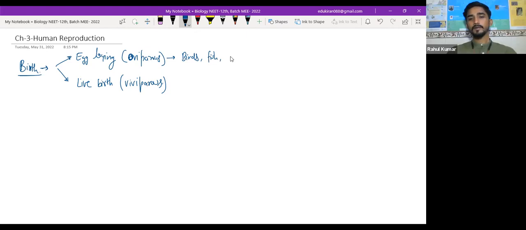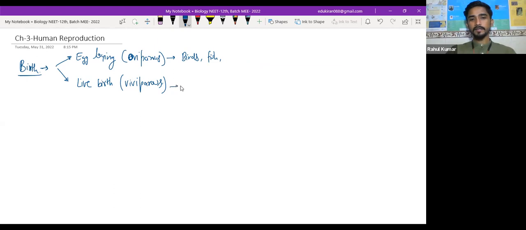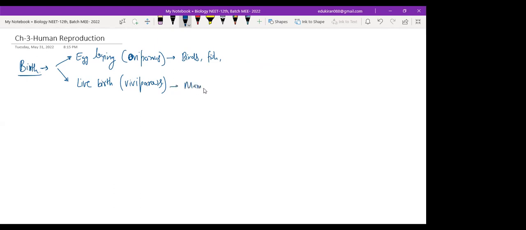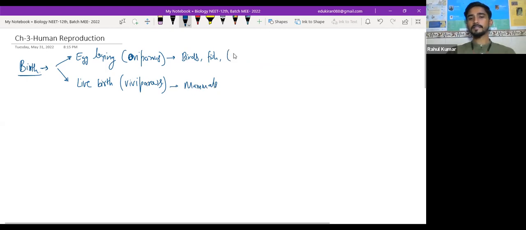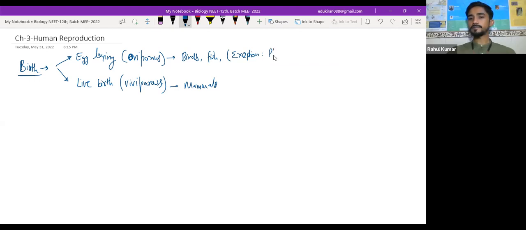Any egg laying mammal you know of? Mostly mammals give birth, right? So live birth. Platypus. Yes, right. All the mammals give birth, but there is an exception. Write this down, because this exception will be asked: the duck-billed platypus.